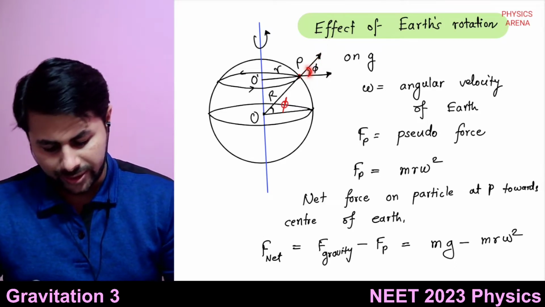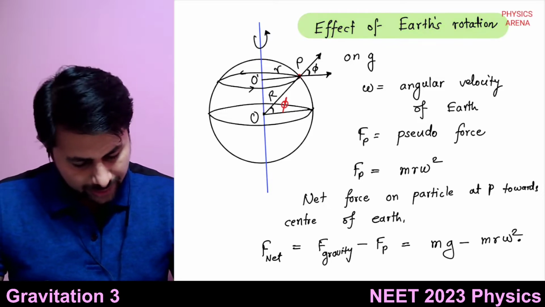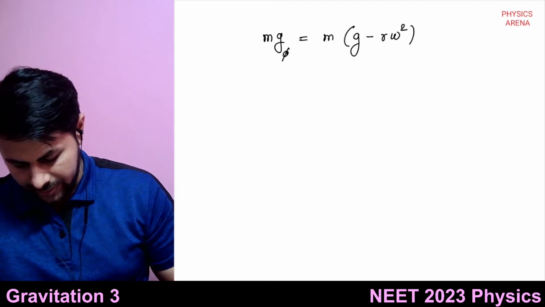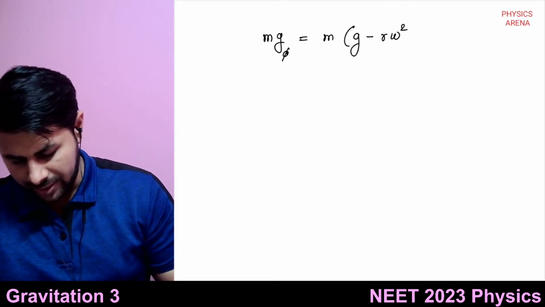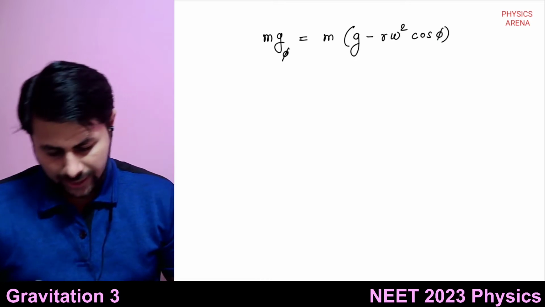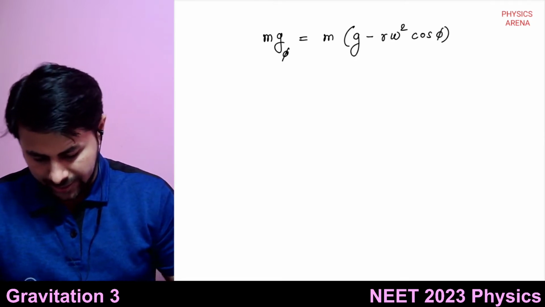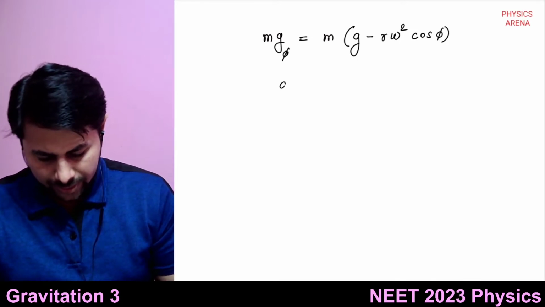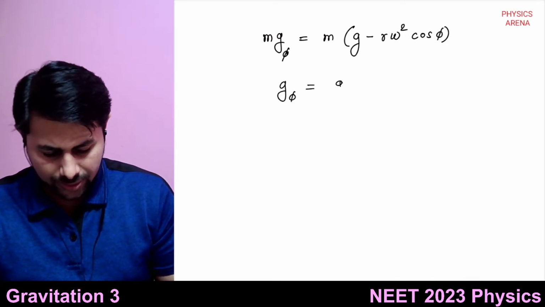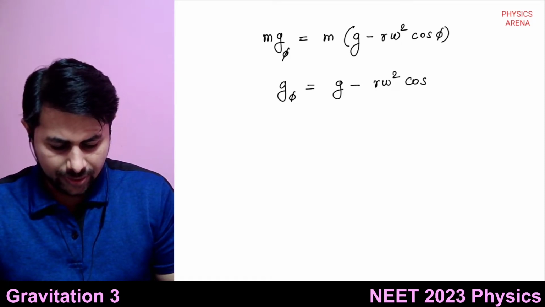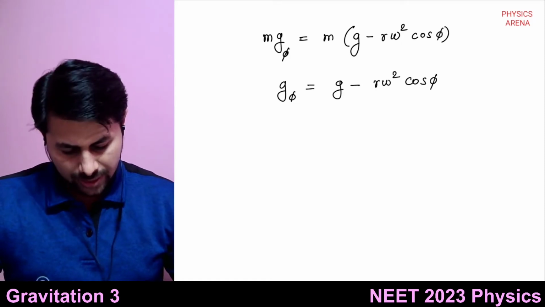So it is r omega square multiplied by cos of phi, and then m can be cancelled out on both sides. So g phi is equal to g minus r omega square cos of phi.